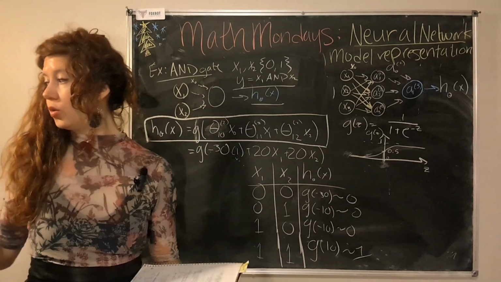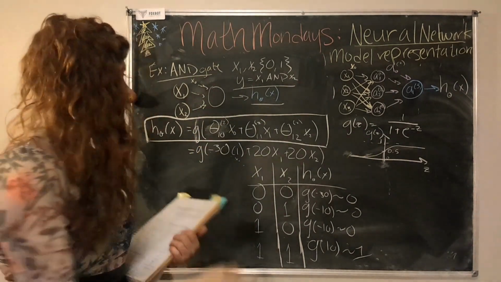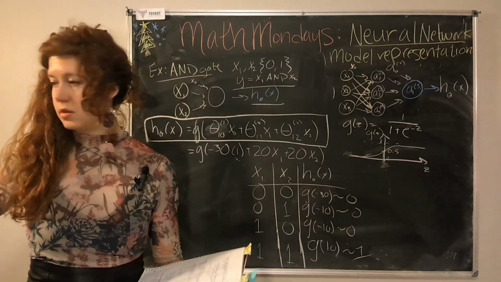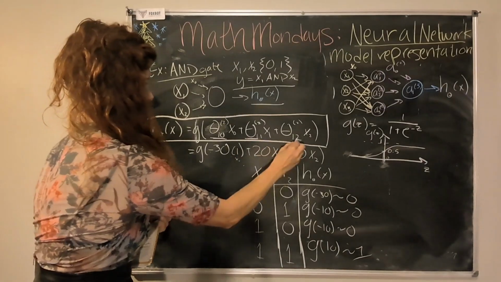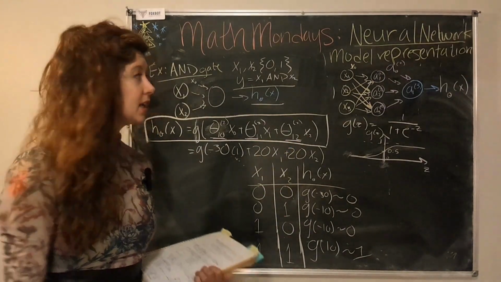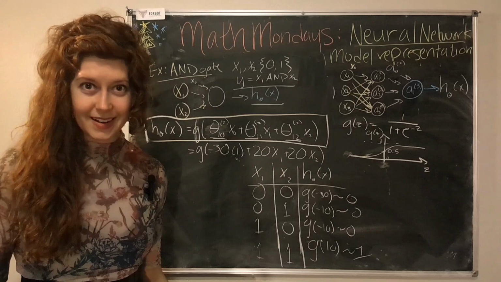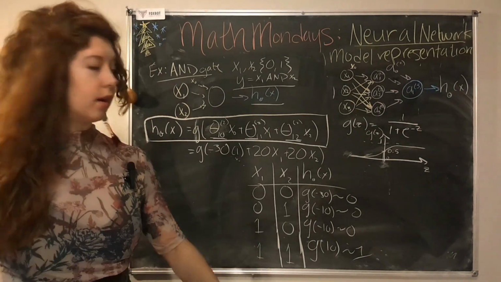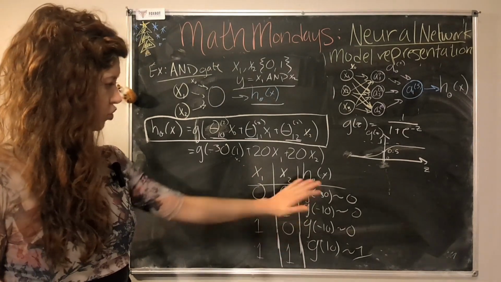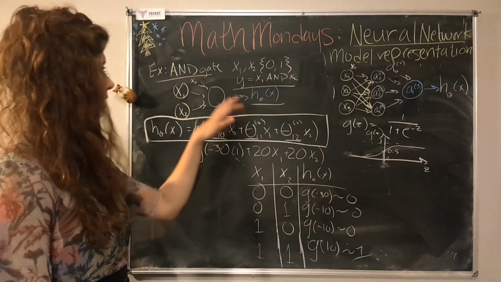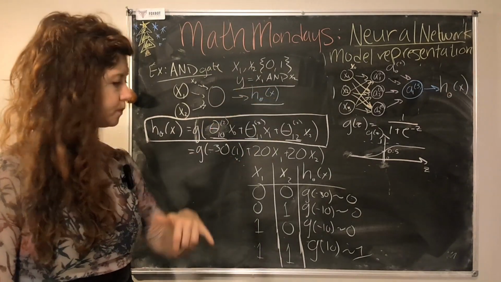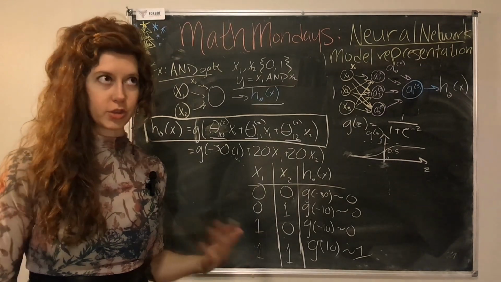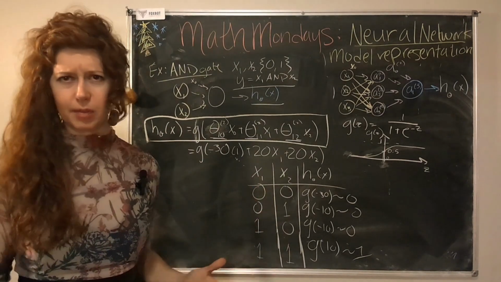So use your brain to guess what these parameters would be to give you an OR gate. You can totally do it. Then walk through and check your answers just like we did. For an OR gate, the output is 1 if any of the inputs are 1, so it is 1 unless both inputs are 0.